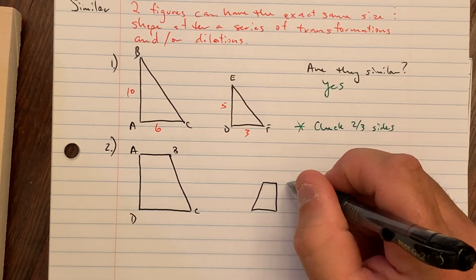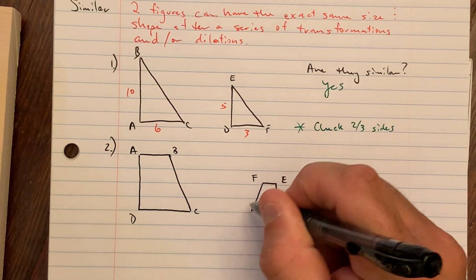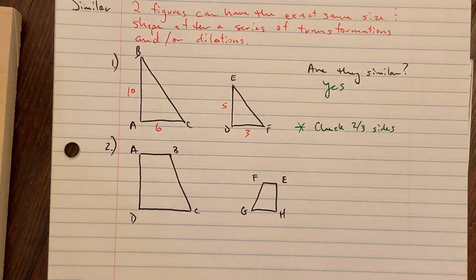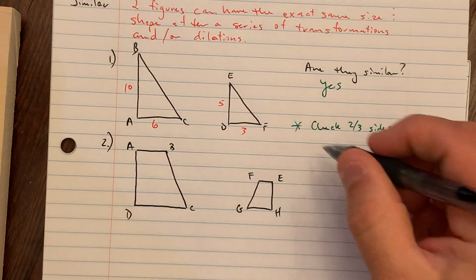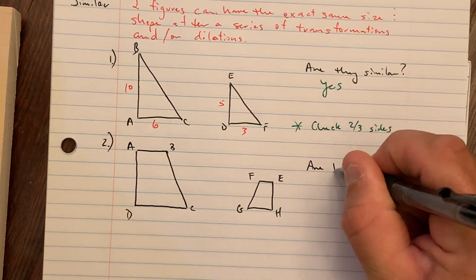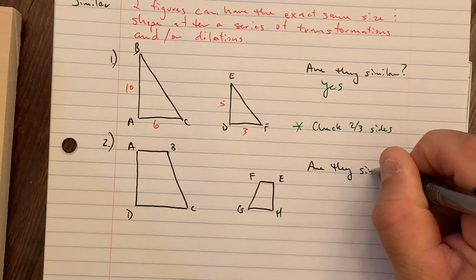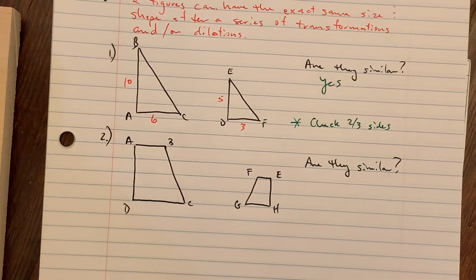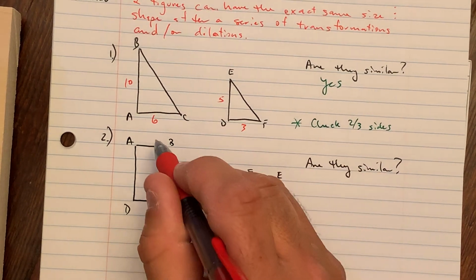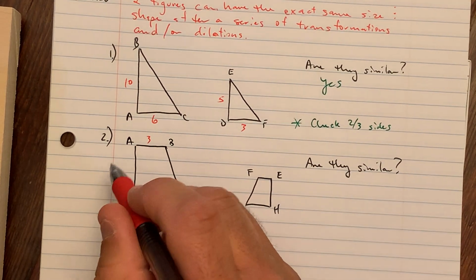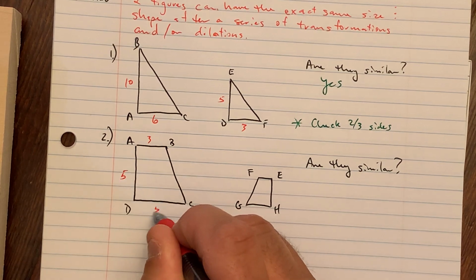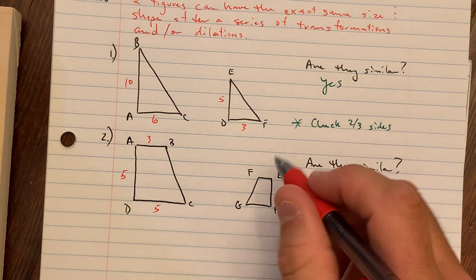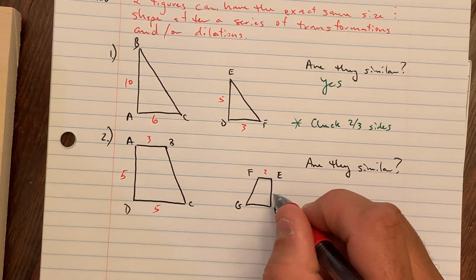We'll call this one E, F, G, H. We're going to ask the same question here. Are these similar? Just because they're the same shape doesn't necessarily mean they are similar, though. I'll give you some numbers here. Say AB is 3, AD is 5, DC is 5, and then let's say EF is 2, EH is 4, GH is 4.